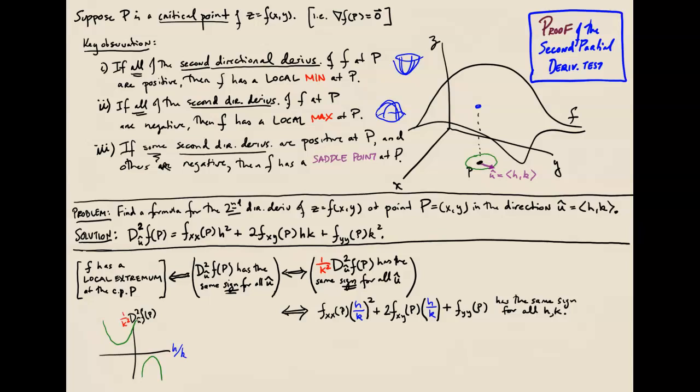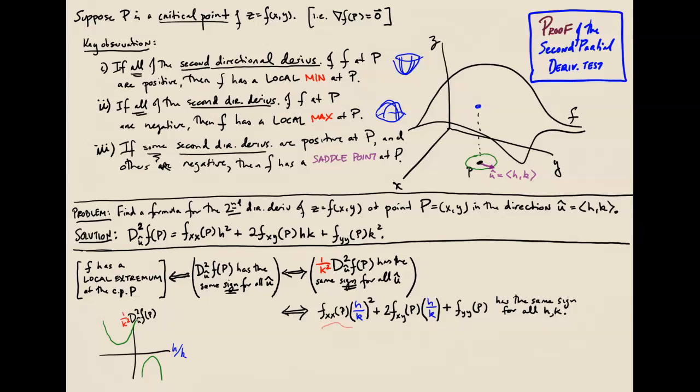Minus b plus or minus square root of b squared minus 4ac over 2a. That thing gives you the two roots of a quadratic. The only way that it has no real roots is if that stuff under the radical, the b squared minus 4ac, is negative. If that's negative, then the quadratic has no real roots, and therefore its graph never crosses the horizontal axis, which means that this thing would always have the same sign.